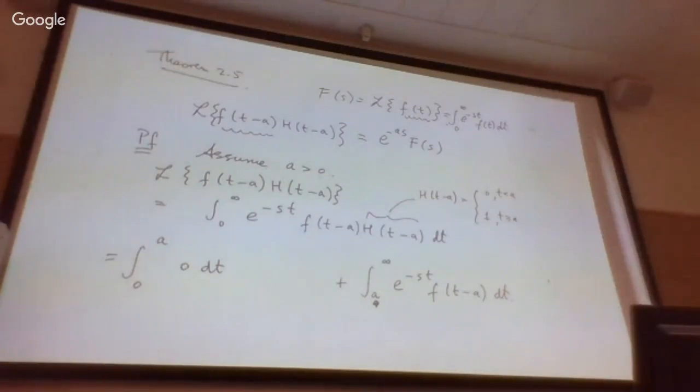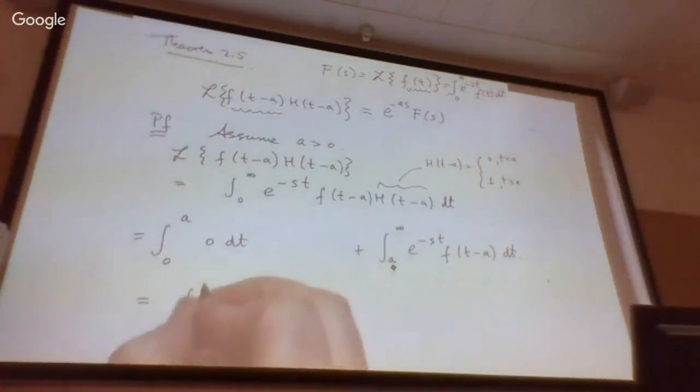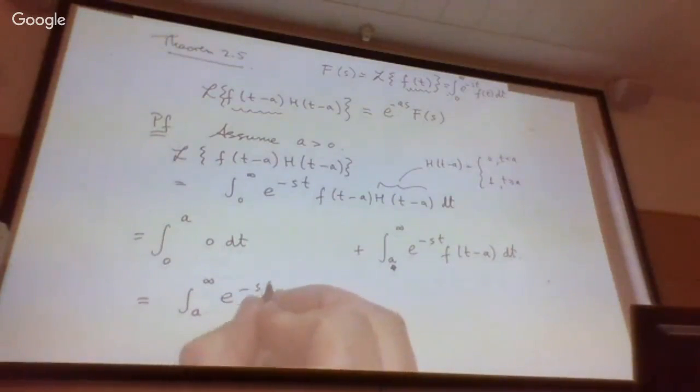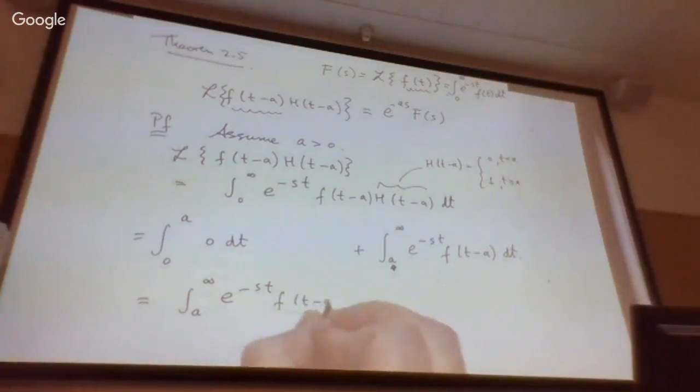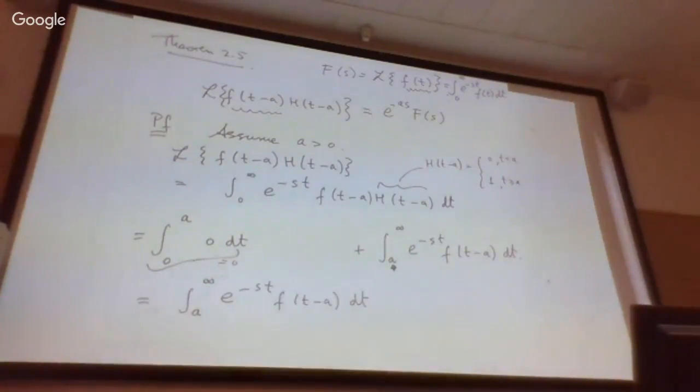The Heaviside function is gone. It's accounted for. We could just drop that first integral, because it's only equal to 0. So we just got this. I'll just write down again, to emphasize the fact that the other one's gone to nothing. That's just equal to 0.